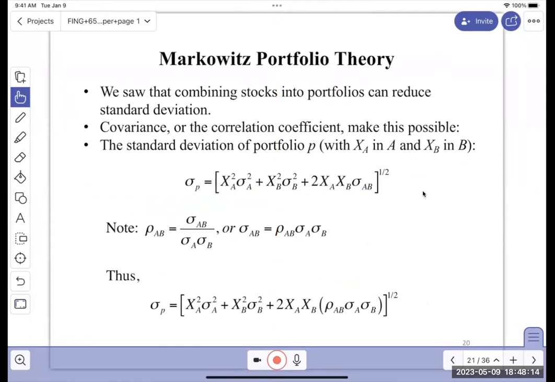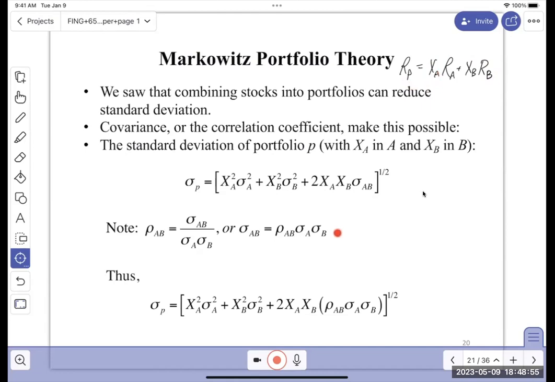And we're going to again discuss our formula for variance of the portfolio, where the portfolio is the weighted returns, right? The returns are a weighted sum of returns.